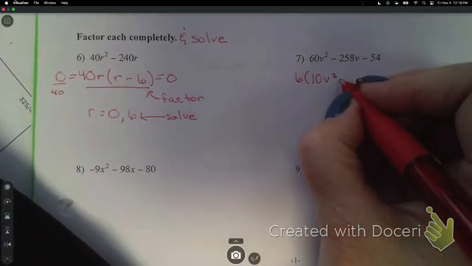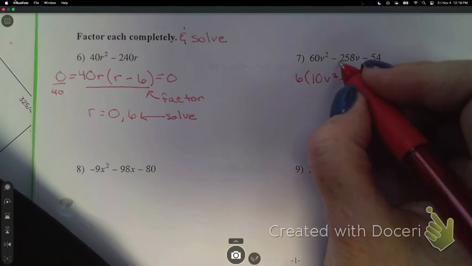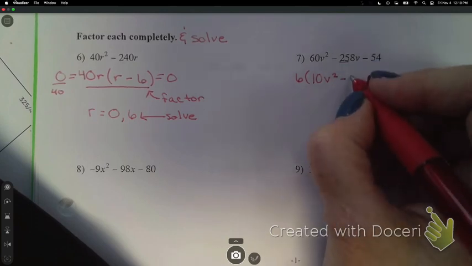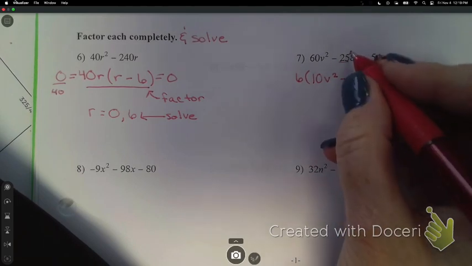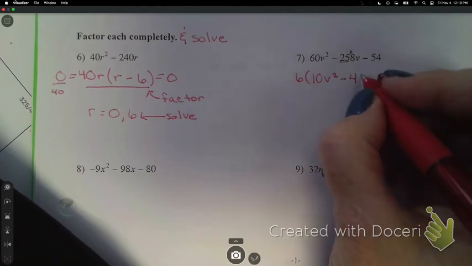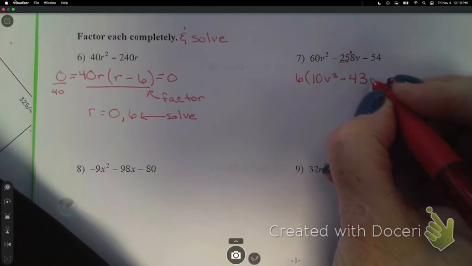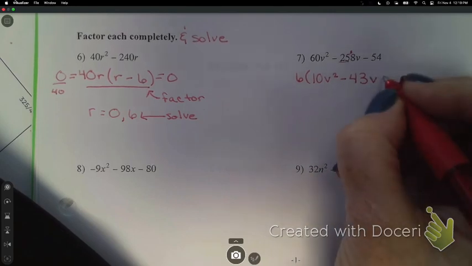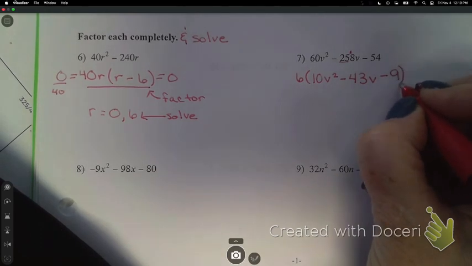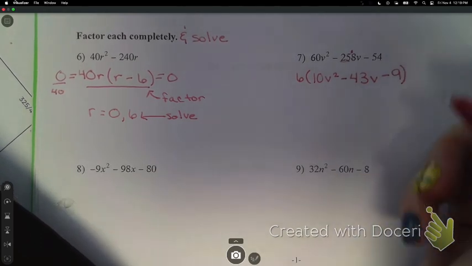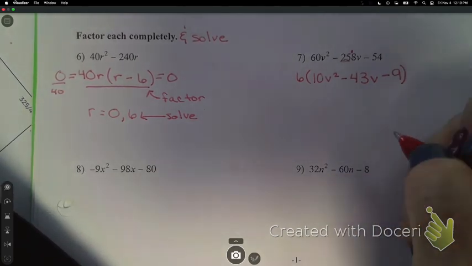Minus... 6 goes into 25 how many times? 4, carry a 1. So 6, 46? How many times is 6 going into 18? 3. So 43v minus 9. So 10 is not prime, is it? 9 is not prime.